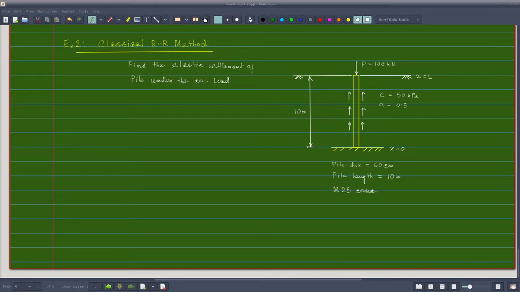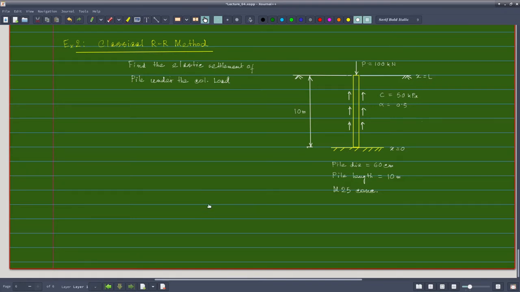And the pile is loaded by a 100 kilonewton downward load at its free end, and the bottom can be assumed to be fixed. Now our job is to find the elastic settlement of the pile under the column load. Okay, so it is again actually a problem of axial deformation of a bar.